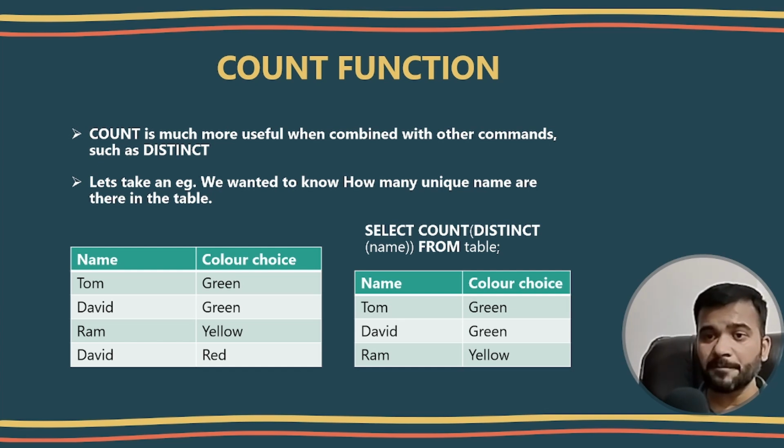Say you have the names Tom, David, Ram and David and their color choices. We have already seen this table. Now apply SELECT DISTINCT with count. First we write SELECT COUNT because we want to know the count of unique names, and then we use DISTINCT on the name column from the table.